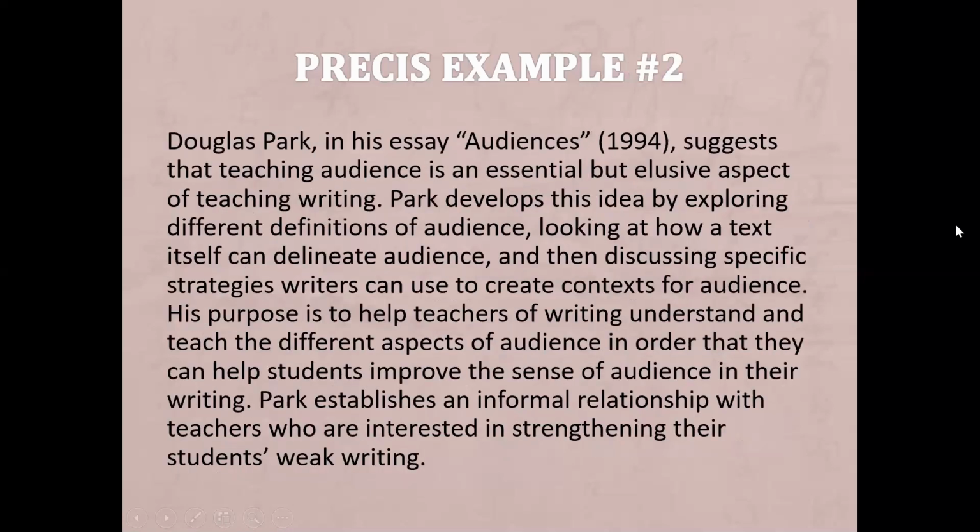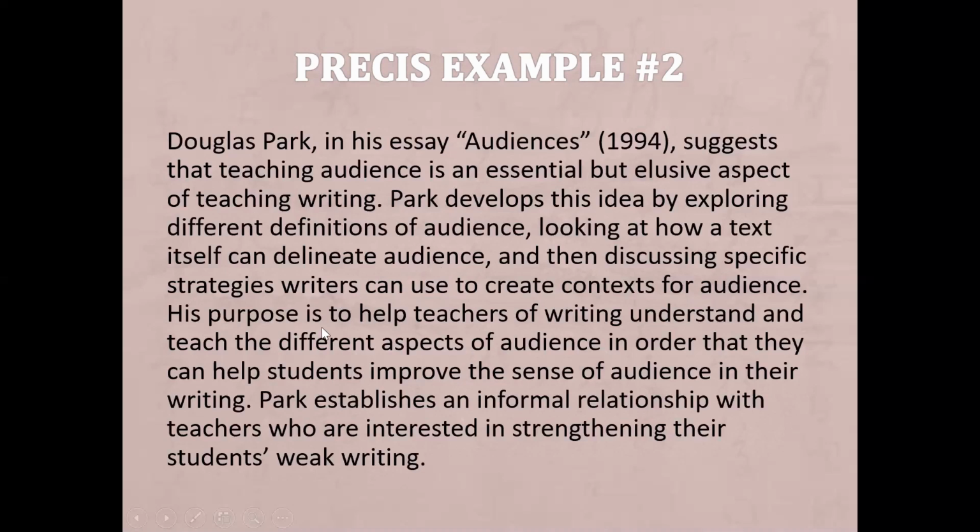Here's a second example. Douglas Park in his essay Audiences suggests that teaching audience is an essential but elusive aspect of teaching writing. Park develops this idea by exploring different definitions of audience, looking at how a text itself can delineate audience, and then discussing specific strategies writers can use to create context for audience.